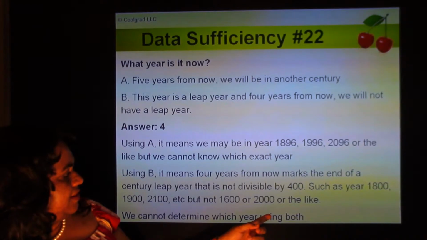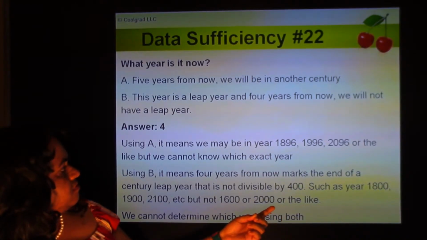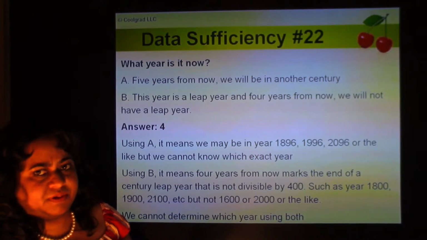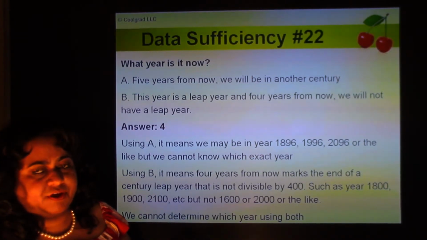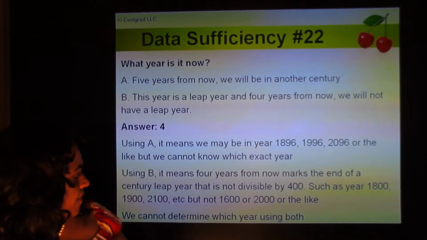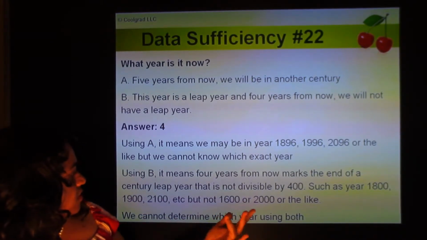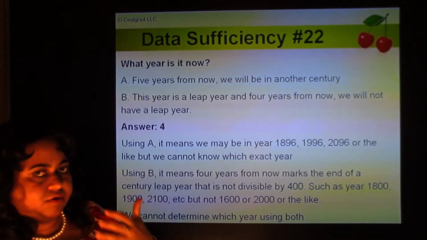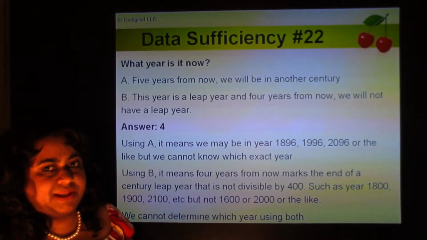So the year could be, say, 1796 or 1896, for example. Those were leap years. But 4 years after that would be 1800 or 1900 or say 2100, and then there would not be a leap year.